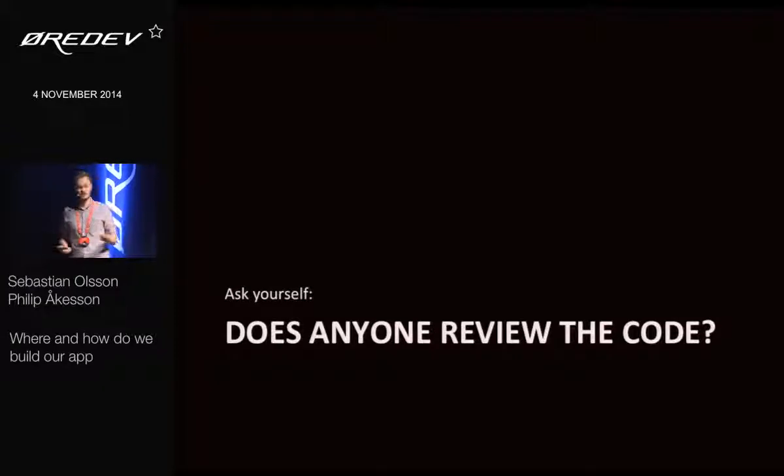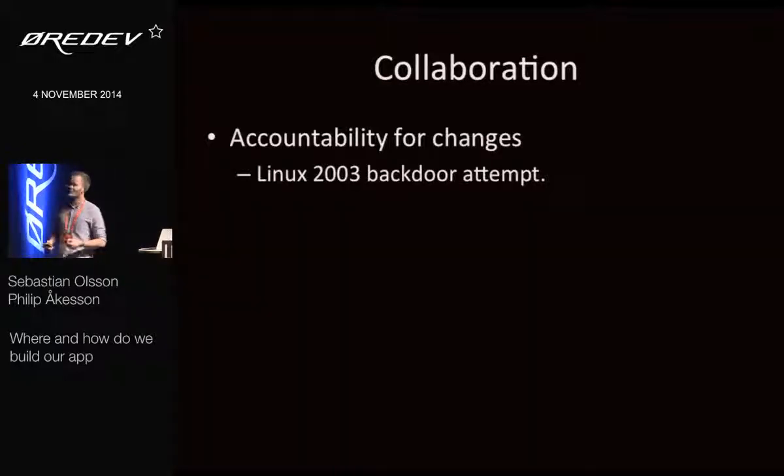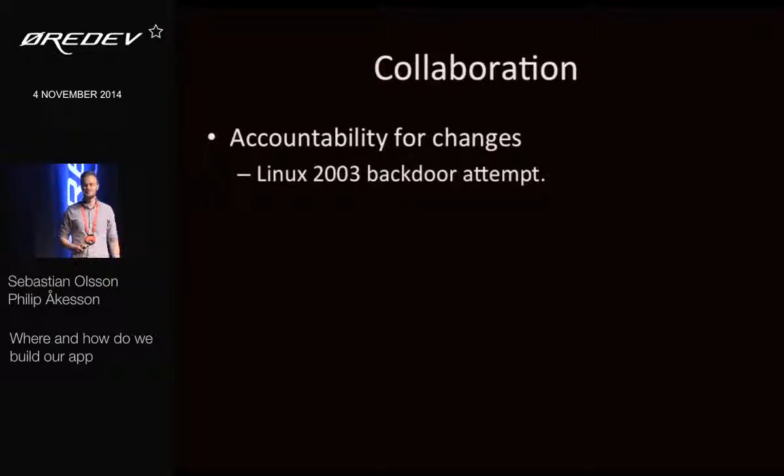So I can't really stress this enough. It may sound expensive, but just having a review after having done the implementation is amazing. It's like pair programming, except it works. So you need accountability for the changes, and you get much of that by having a review process.